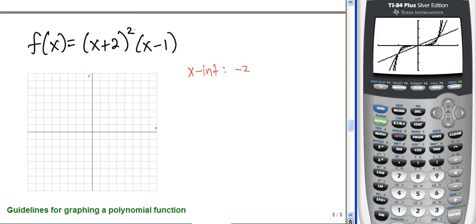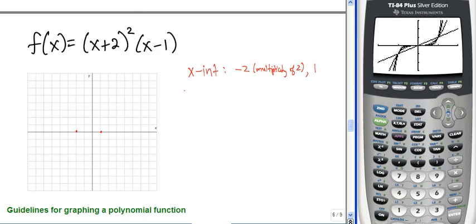Notice that it has a power of 2 on it, so that means it has a multiplicity of 2. Okay? And then this factor would have a 0 at +1, and it was degree 1, so it's just going to have a multiplicity of 1. So I know I've got an x-intercept at -2 and an x-intercept at +1. So let's plot those 2 points.